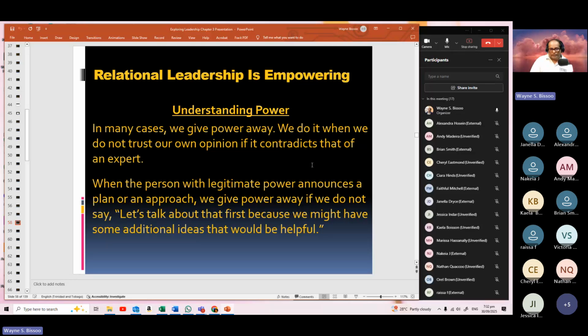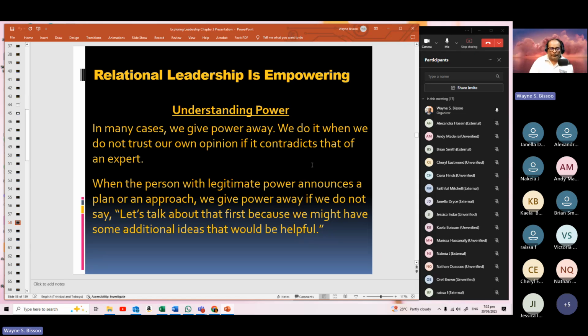A lot of us may suffer from this, especially when there are meetings taking place and there are a lot of people around you in the organization. In that meeting, you may not want to look like an idiot. And because you don't quite trust your opinion about something, you hold back. Again, that's one way you give away your power.